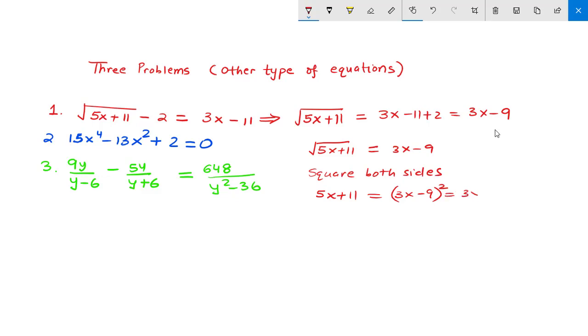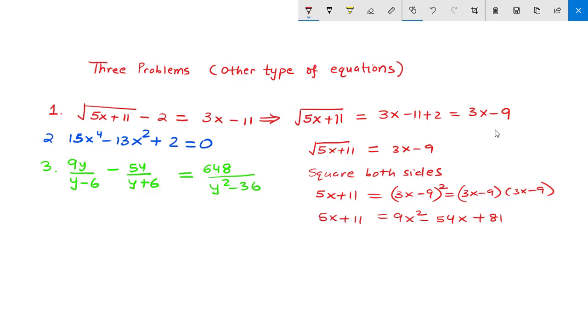If I FOIL it, I get (3x minus 9)(3x minus 9), which is 9x squared. Then I would have 27x, 9 times 3x, 27x, and 27x, which makes it 54x, plus 81, negative 9 times negative 9. And on the left side, I still have 5x plus 11.